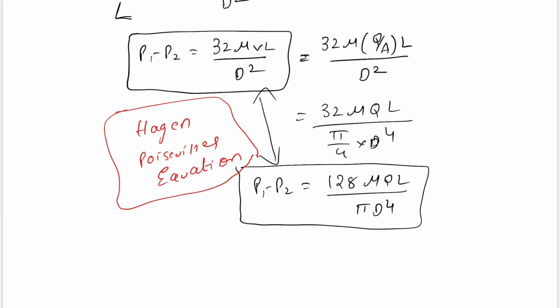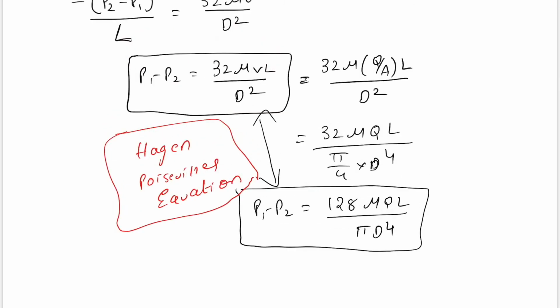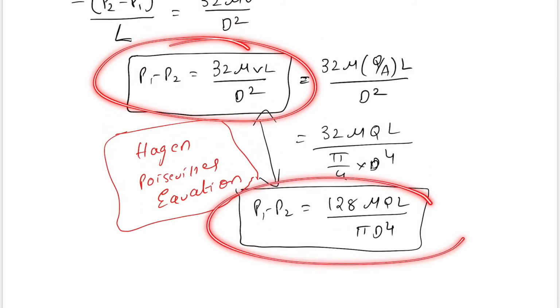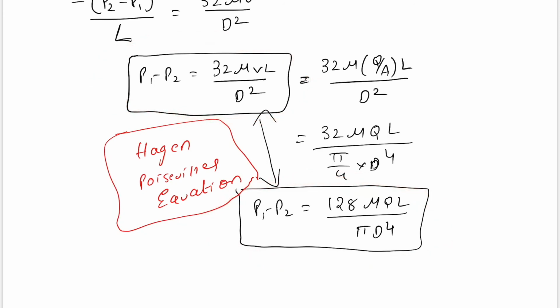The Hagen Poiseuille equation is a relation between pressure difference and velocity, length, discharge and area. So it is an amalgamation of the pressure, viscosity, velocity, length, diameter. So finally we have derived the Hagen Poiseuille equation.